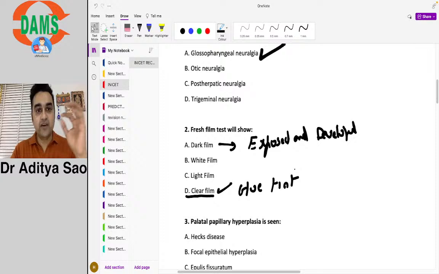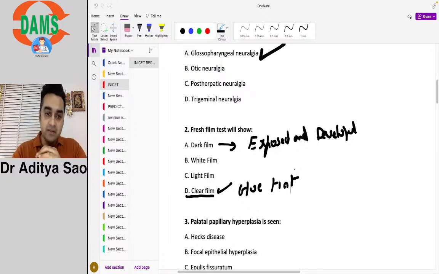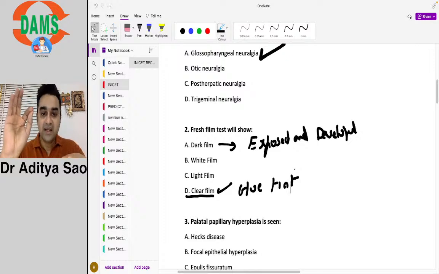Basically a fresh film will show a blue tint with a clear film. So the answer here is option D, clear film with blue tint.